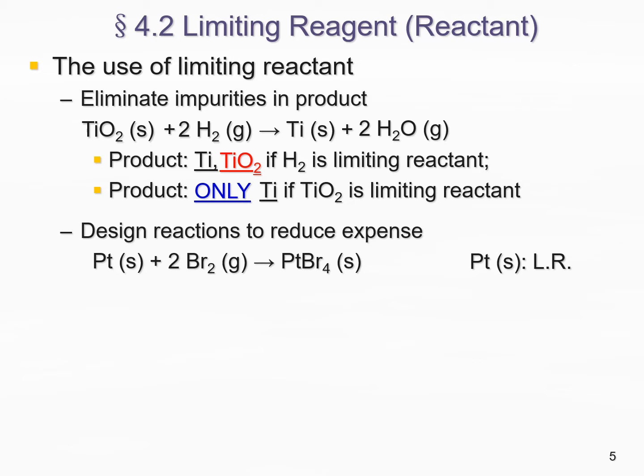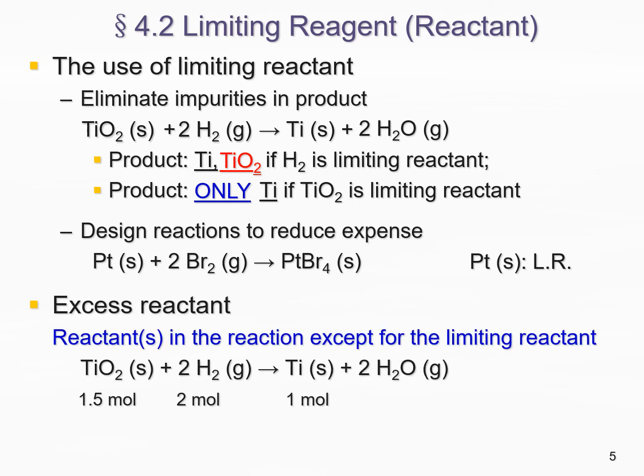So in order to make the best use of platinum, we set platinum as the limiting reactant, hoping that when the reaction is finished, we do not have to worry about recovering platinum metal. In this way, we can have quite a pure platinum 4 bromide in order to get more of the reaction to go.